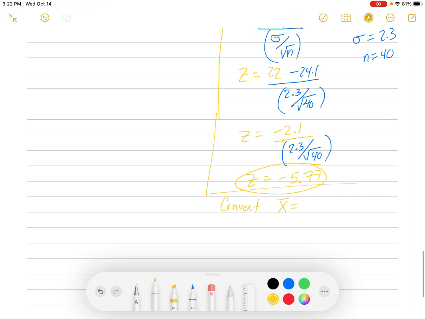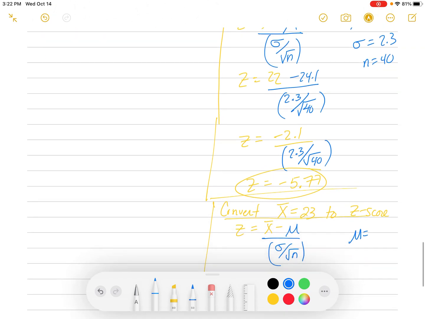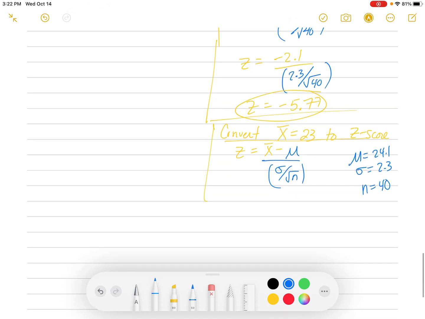Convert a sample mean x bar of 23 to a z-score. We'll go through the same formula procedure. Z equals x bar minus mu over sigma over root n. Again, the population mean was 24.1, the population standard deviation was 2.3, and the sample size was 40. So we're plugging in 23 for x bar this time.